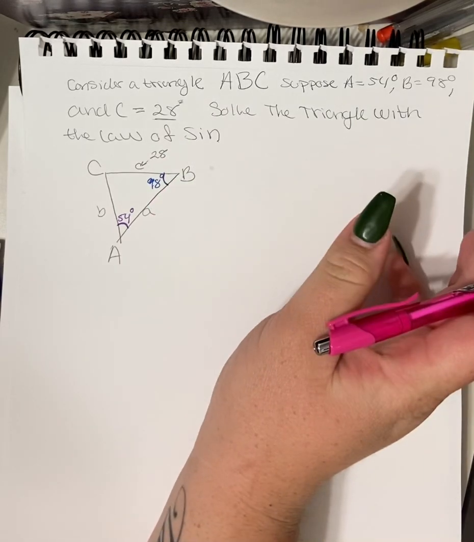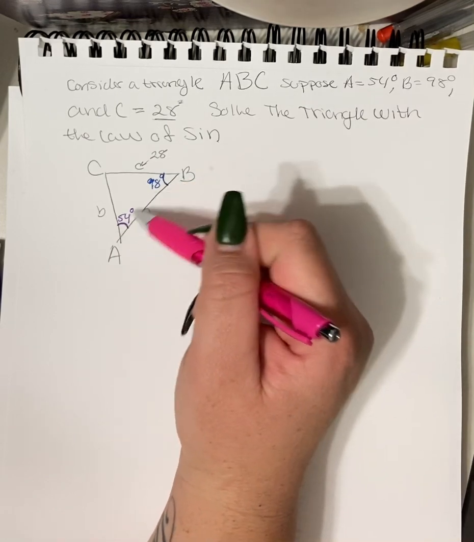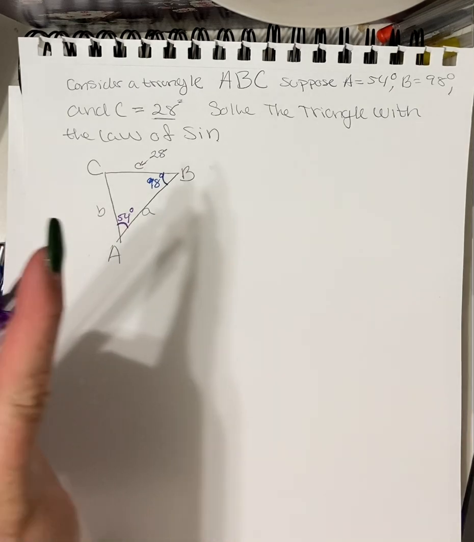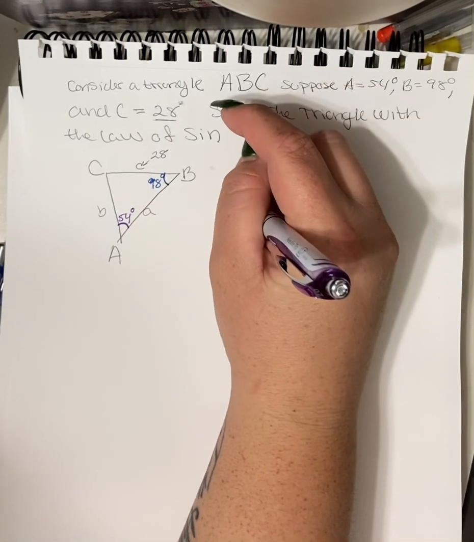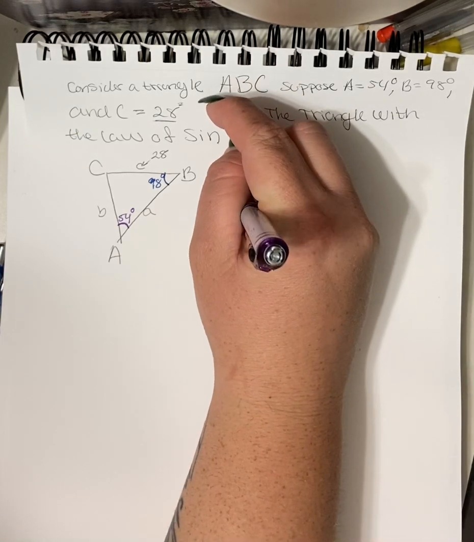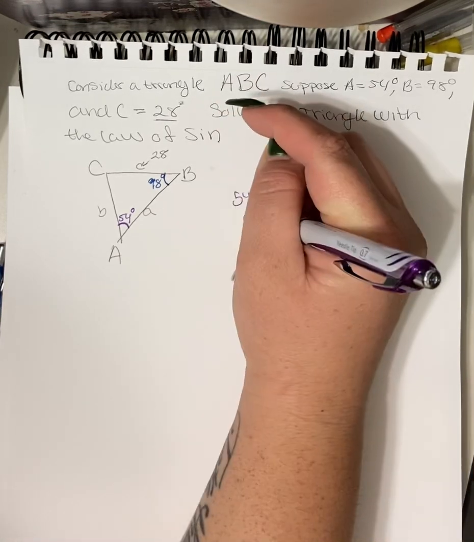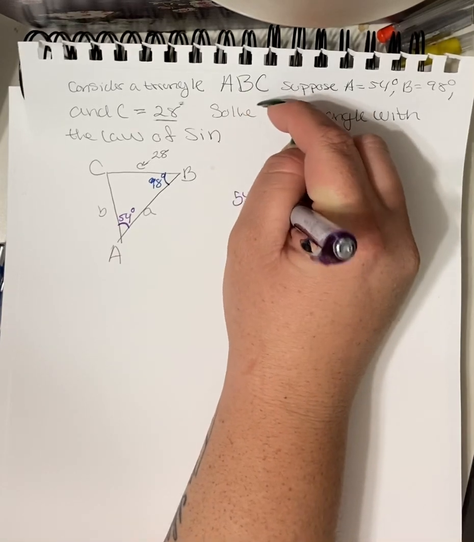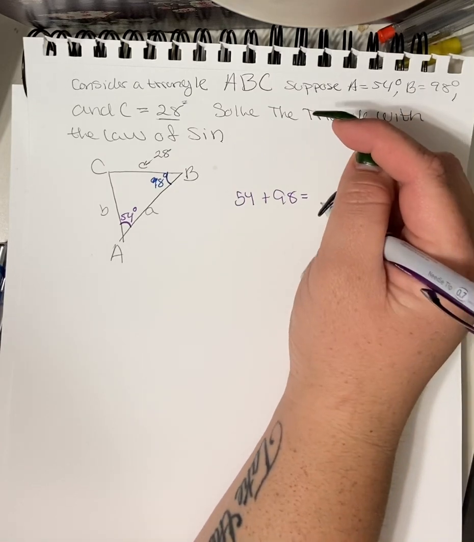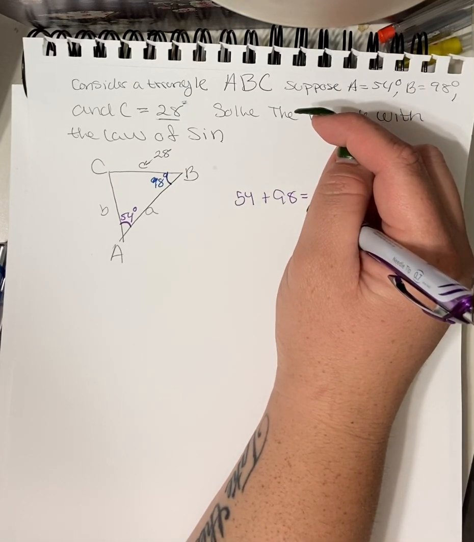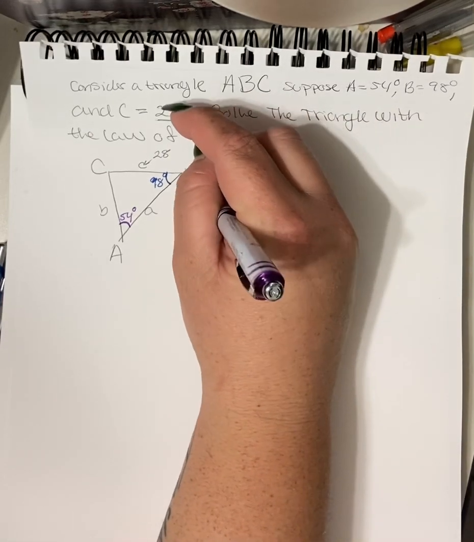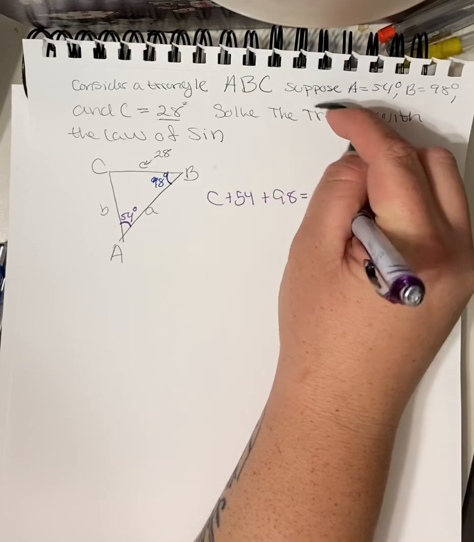Okay. First thing I want to do is figure out all three angles. So I'm going to do in purple, so my favorite colors is, 54 plus 98 plus C equals 180, sorry.